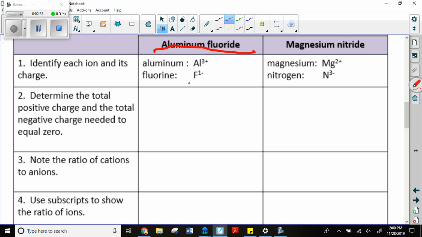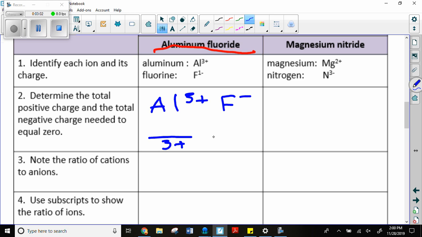Determine the total positive and the total negative charge needed to equal 0. So if it's an Al, 3 positive, and a fluorine 1 negative, our total positive charge is going to be 3 positive because that's the lowest common multiple that they both go into.